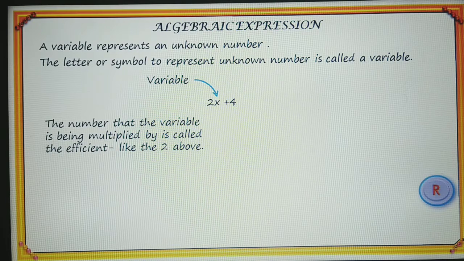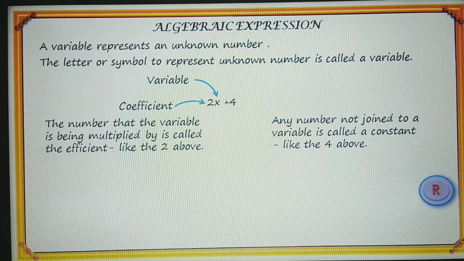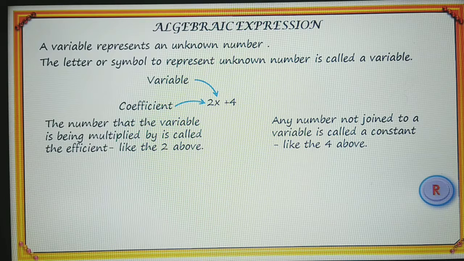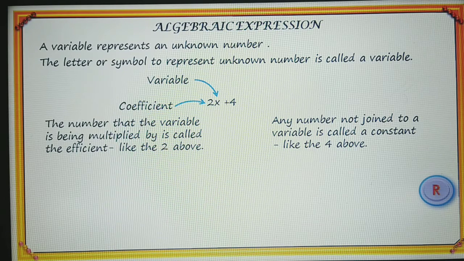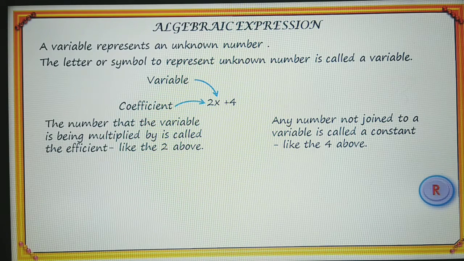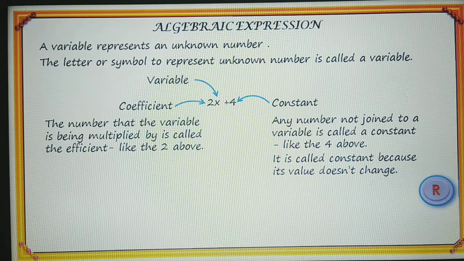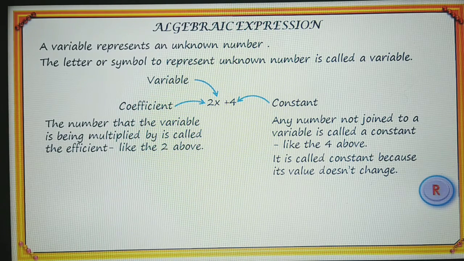In 2x, 2 is the coefficient. Any number not joined to a variable is called a constant, like the 4 above. It is called constant because its value does not change.